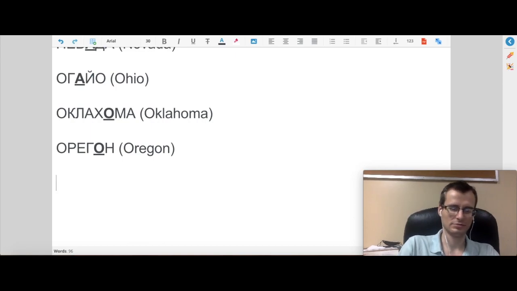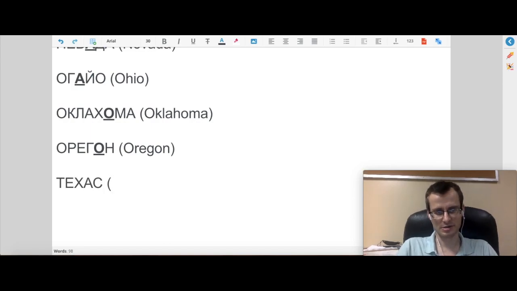And the next one is so easy, I almost feel embarrassed to write it for you to read, because I guess you don't even have to learn Russian to be able to read it. But it is a great state, right next door, so make sure you read it right.